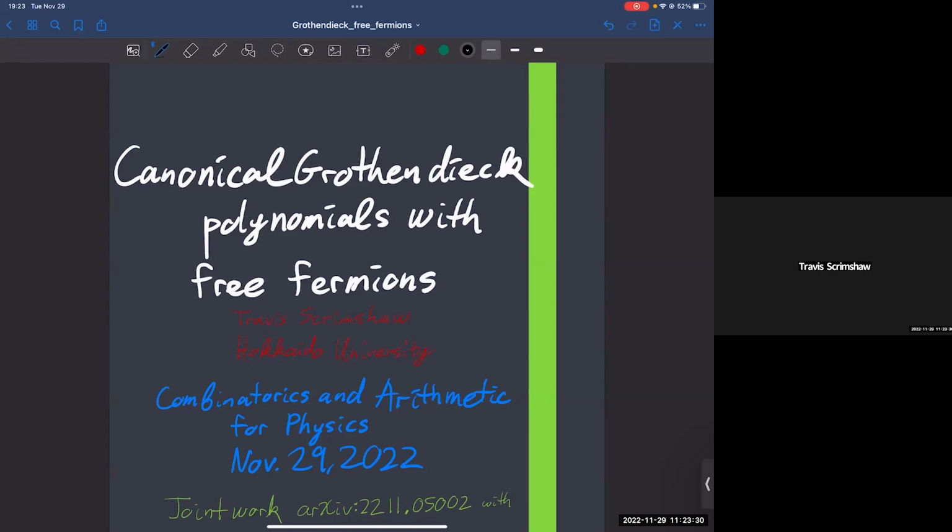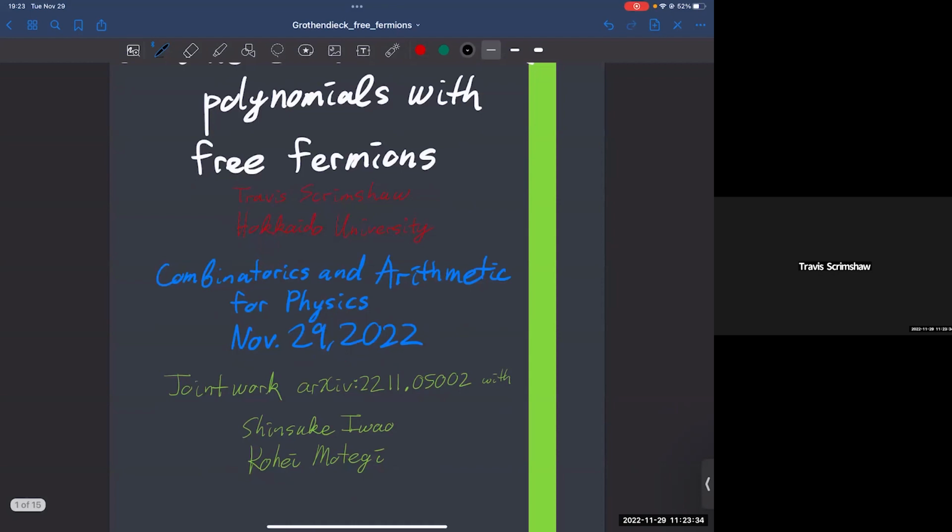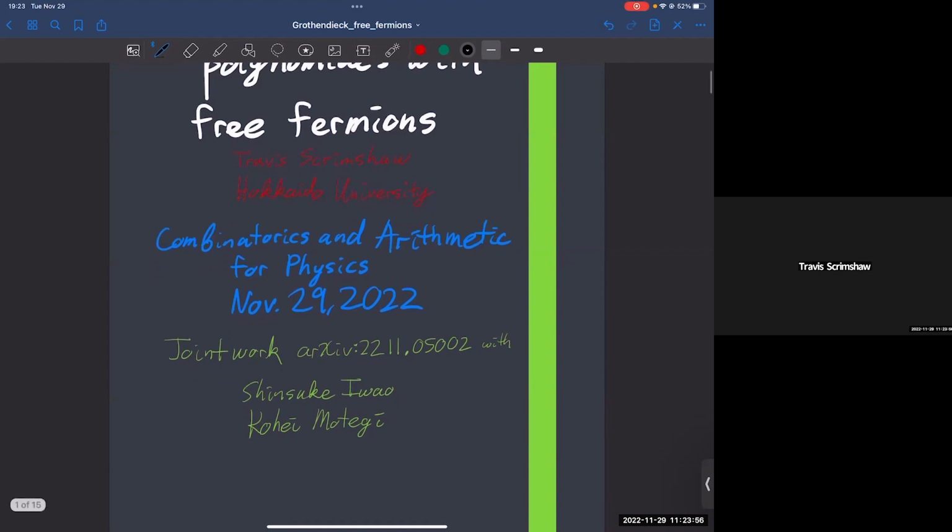This is joint work with Shinsuke Iwao and Kohei Motegi. It's going to focus on these things called Grothendieck polynomials that arose from Schubert calculus, and we're going to prove some identities with them by using the free-fermion formalism.